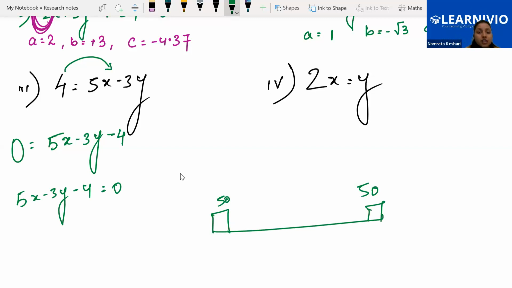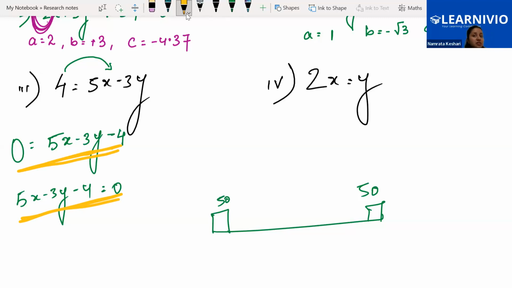See carefully the underlined one, this one, and the other underlined one, this one is exactly the same. We have not transposed anything, we are just writing it. The left hand side we can write totally towards the right, and the right hand side totally towards the left. It is exactly the same thing.